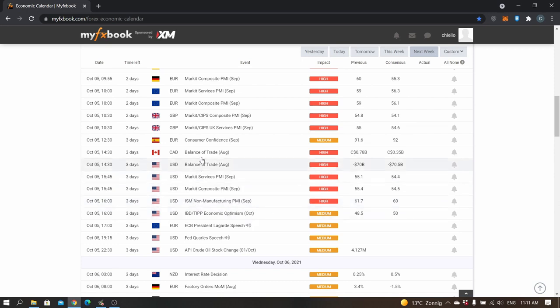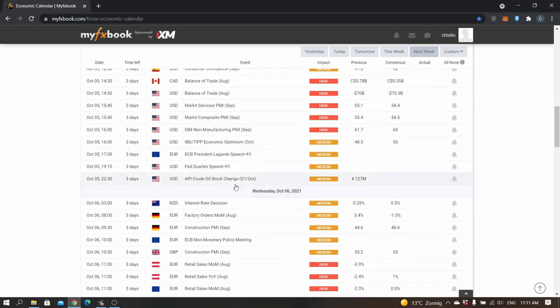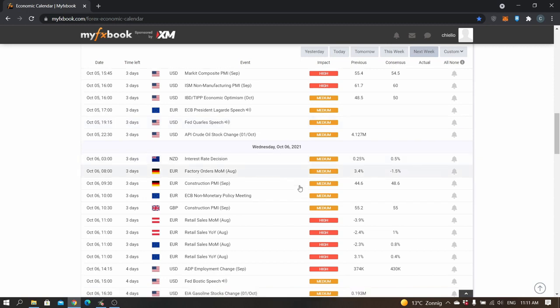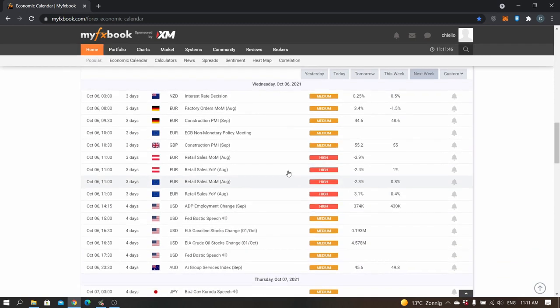And then of course these US dollar events are very important, namely the PMIs and the economic optimism. I would always look at it. It's quite important. And then if you have any spare time, I would look at these Fed speech and this ECB speech as well, although I do not think that they will say anything too out of the ordinary.